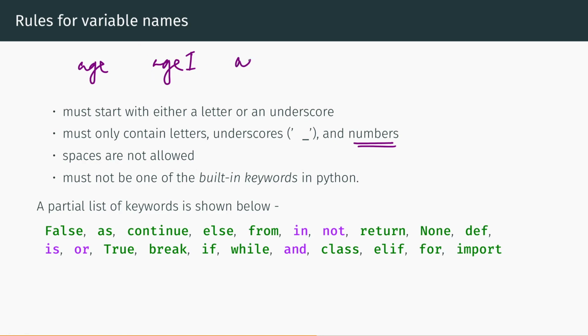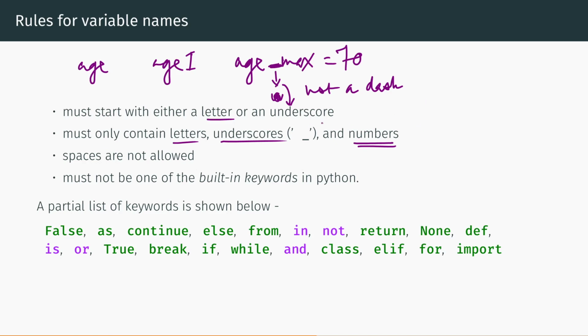This is also valid: max_age equals, I don't know, 70. This is an underscore, not a dash. So the variable may contain letters, underscores, and numbers, but it must not start with a number.